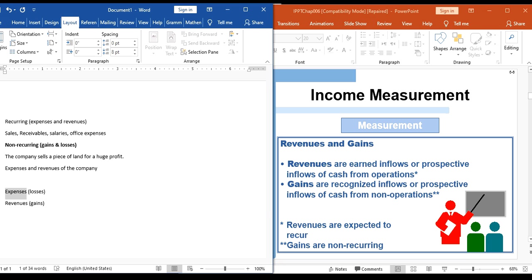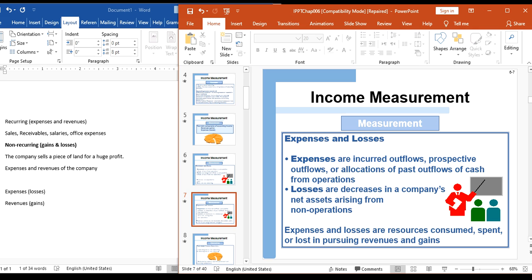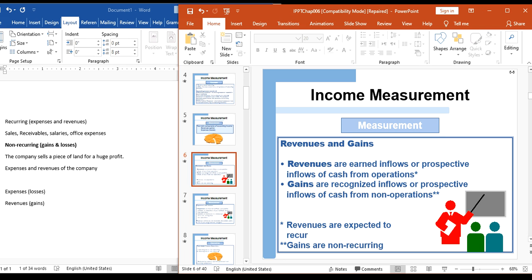But we also have gains, which are not recurring. The same for expenses, which are incurred or prospective outflows. Those are expected to recur, but losses are not. So the aim of an analyst is to differentiate between those. Why? Because companies are showing these gains as a revenue of the company, but it's not.